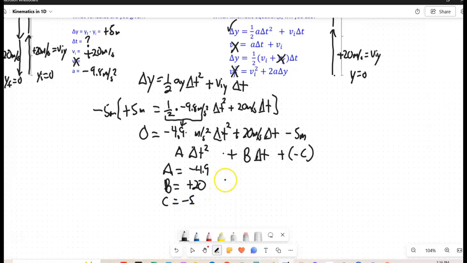Okay, so the quadratic equation is going to be for delta t, negative b plus or minus the square root of b squared minus 4ac, all over 2a.